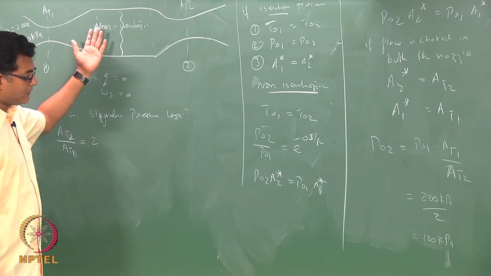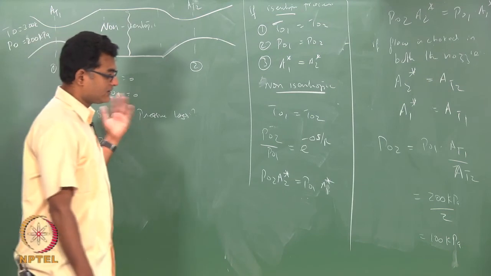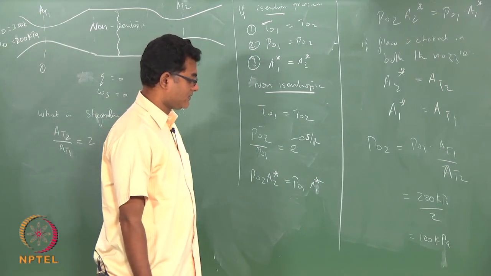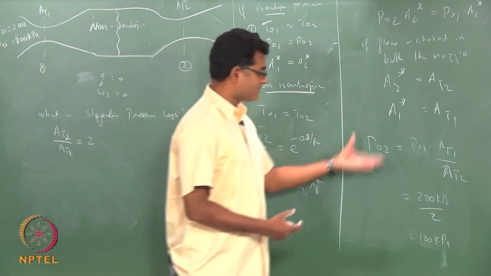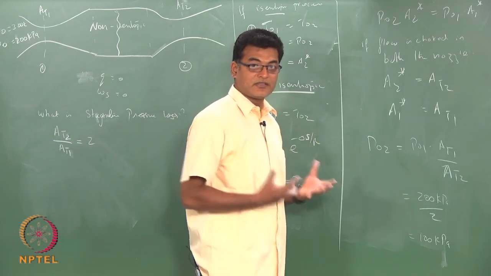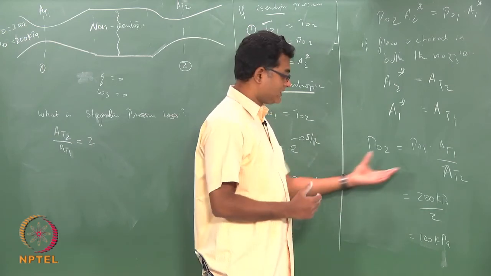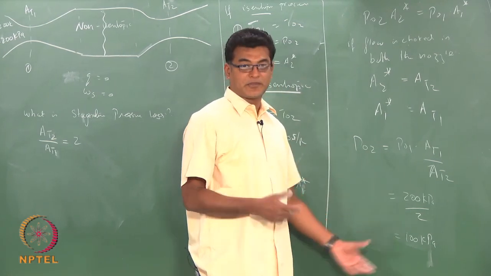We are going to do the shock analysis, and you will see that this has some implication in the flow. Your stagnation pressure is the strength, or the power, with which you have the flow. So, this is a measure of the strength of the flow, and that is lost due to your non-isentropic process.